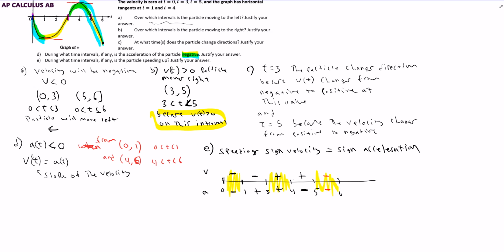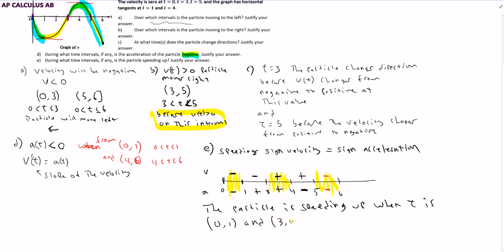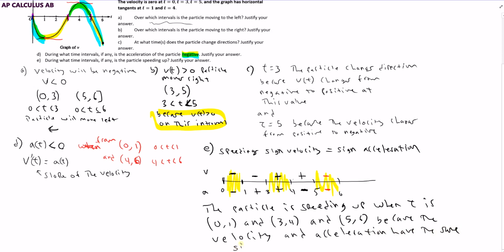So what we're going to say is the particle is speeding up when t is between 0 and 1, 3 and 4, and between 5 and 6, because the velocity and acceleration have the same sign in these intervals.